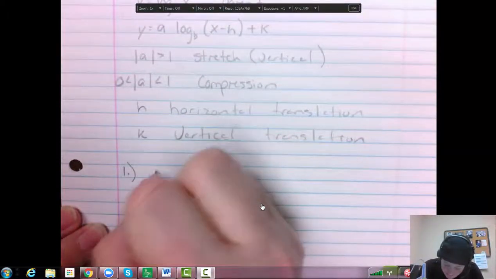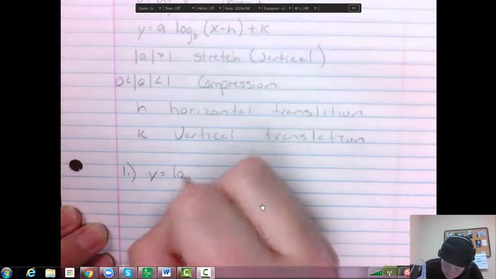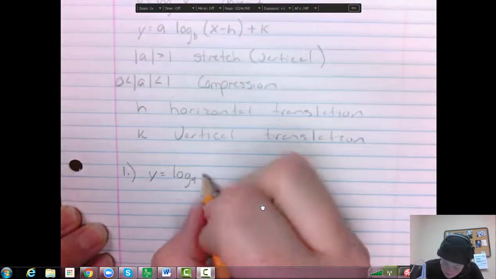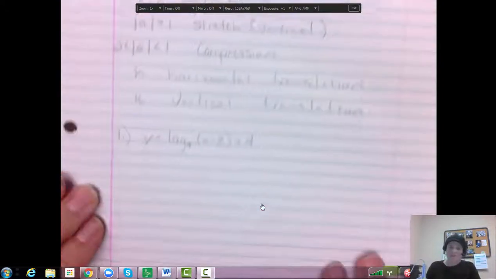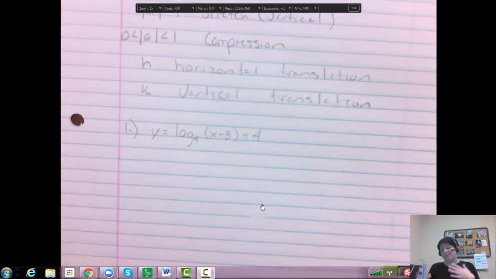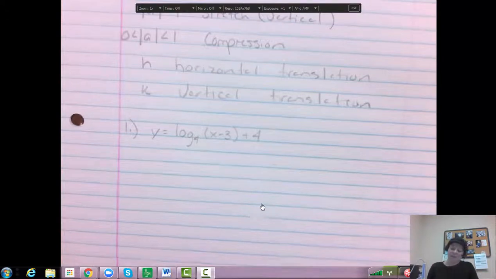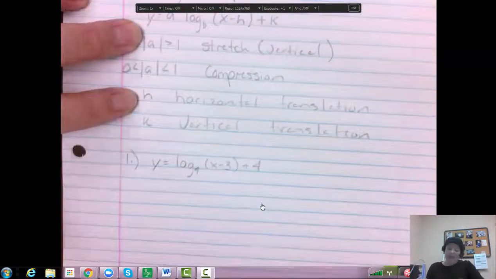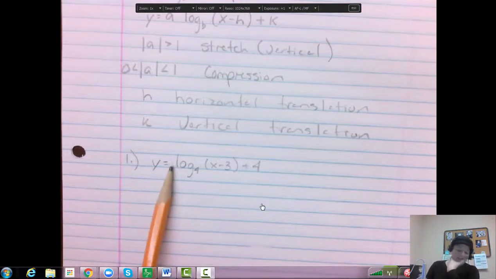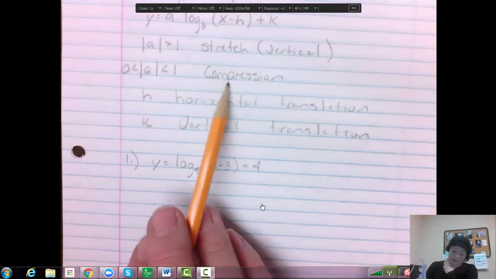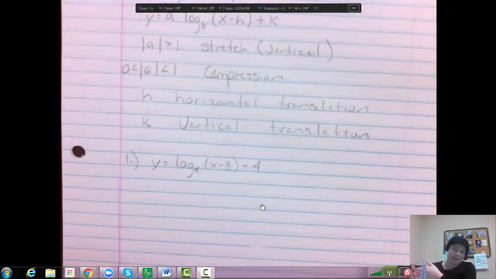What if I have y equals log base 4 of x minus 3 plus 4? First of all, you'll be asked what the changes are. So we can look at the changes based off of this, and then I want to show you how to graph it from there. There's no A, or rather A is 1, so there's not a stretch or compression because we didn't multiply by anything.